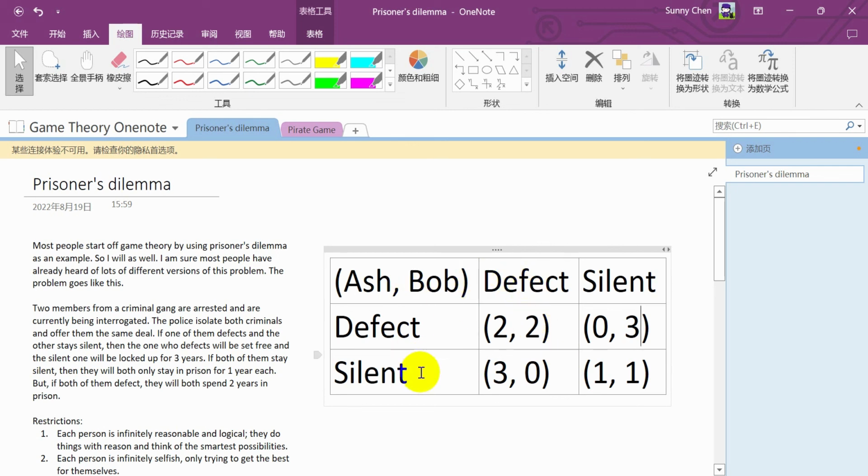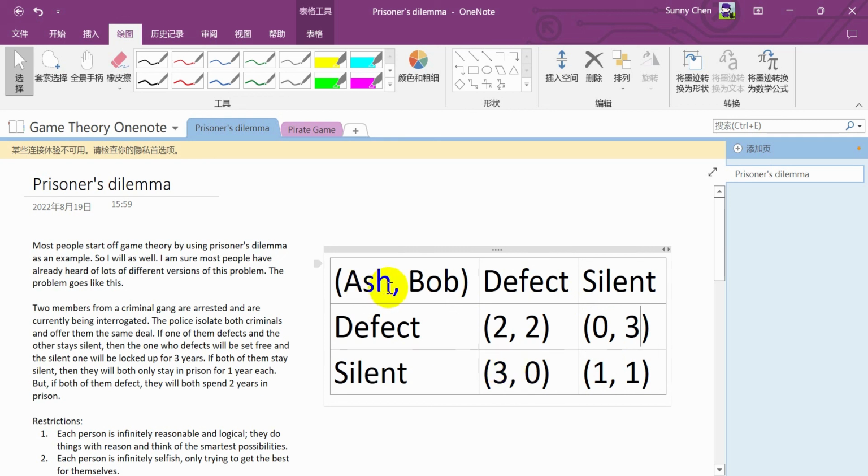If Ash stays silent, then Bob still has the same choice. He can either defect or stay silent. Bob looks at the results. If Bob defects, Bob will be set free, but if Bob stays silent, he will have to spend 1 year in prison. So he thinks being set free is better.